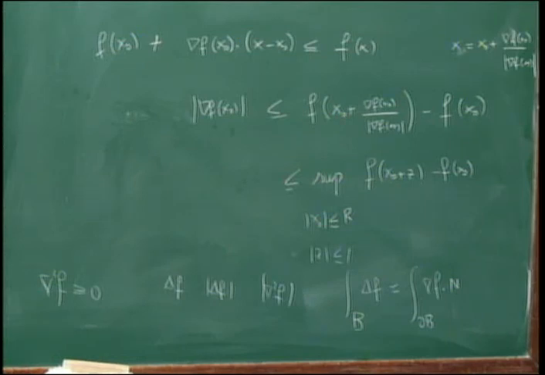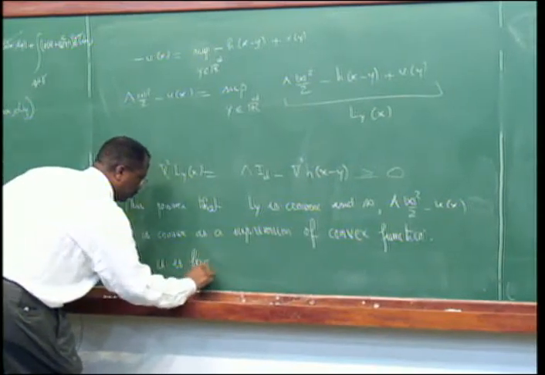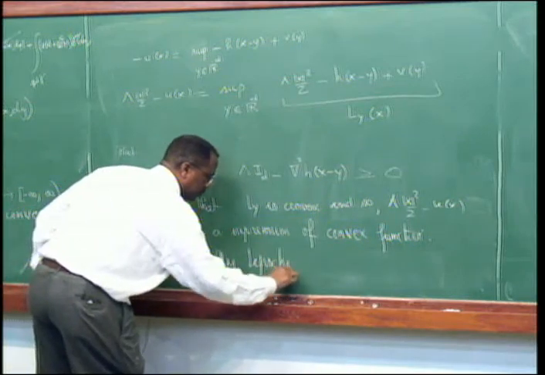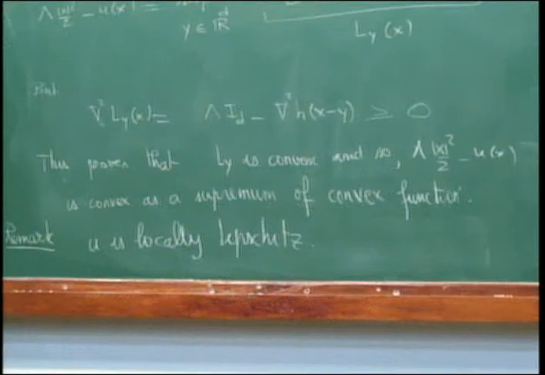So in conclusion, U is locally Lipschitz because up to a quadratic form, U is a convex function.